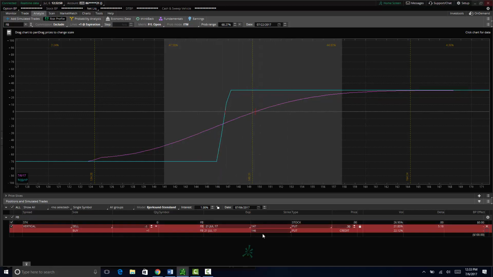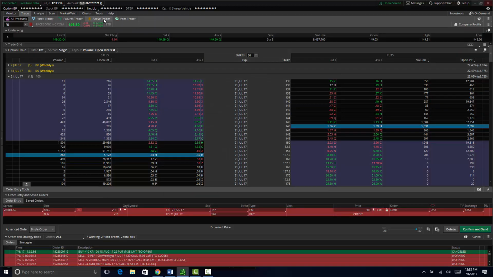Let's say Facebook trades below 146, then I'm on the hook and my max loss is limited to $70. What is my break even? It is 146.70. I take 147 minus the 30 cents I collected, and you can see my break even here is 146.70. So I can make money on this trade, and let's go back to the chart one more time.